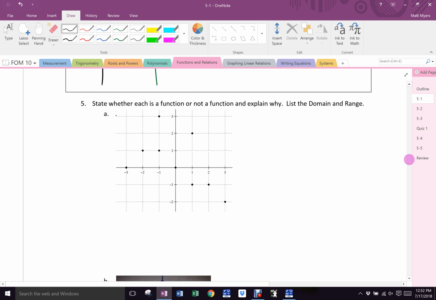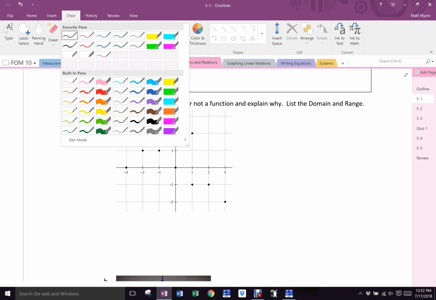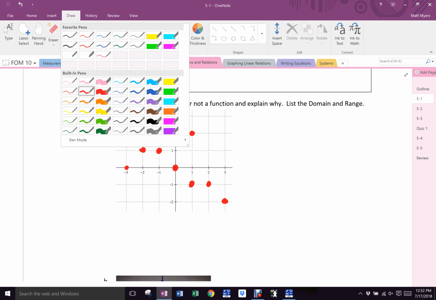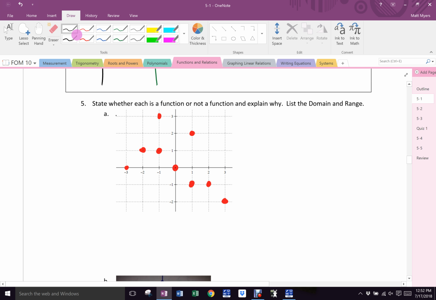So let's look at this question. It's a little hard to see, so I'm going to make the dots a little bit bigger, and I'm going to make them red. So, is this a graph? Yes or no? Yeah, it's drawn out here. So let's check with a vertical line.